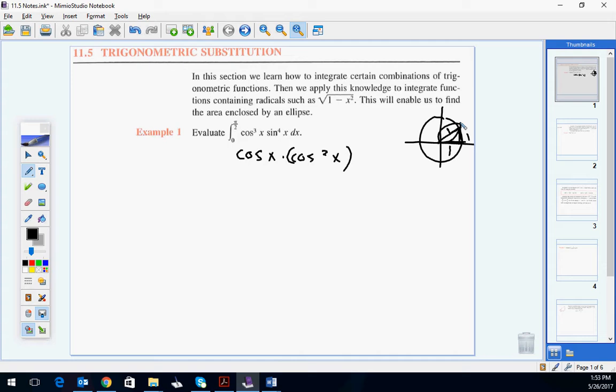At any rate, why this helps me is that when you have a sine squared or a cosine squared, you can switch to the other one. Like I can switch this to sine. So I can write cosine x, and cosine squared is 1 minus sine squared.